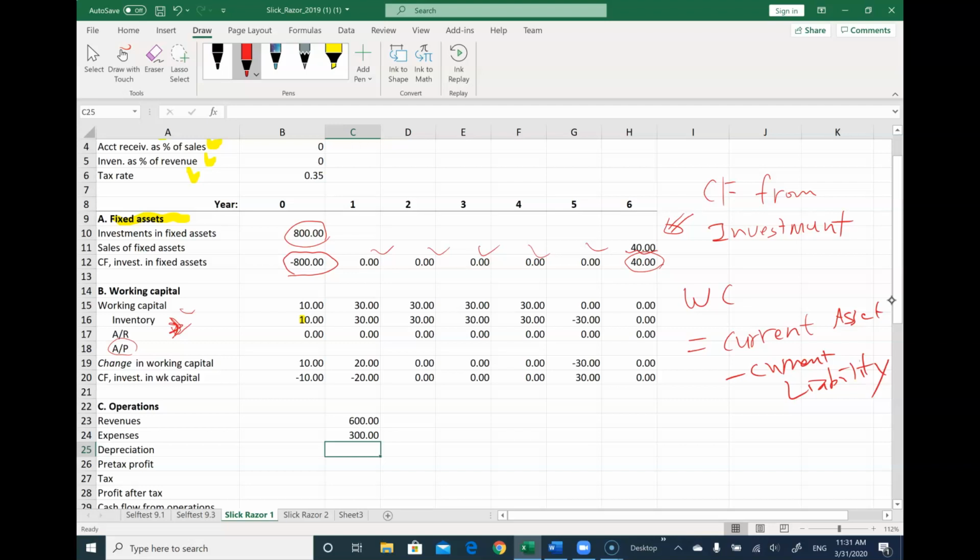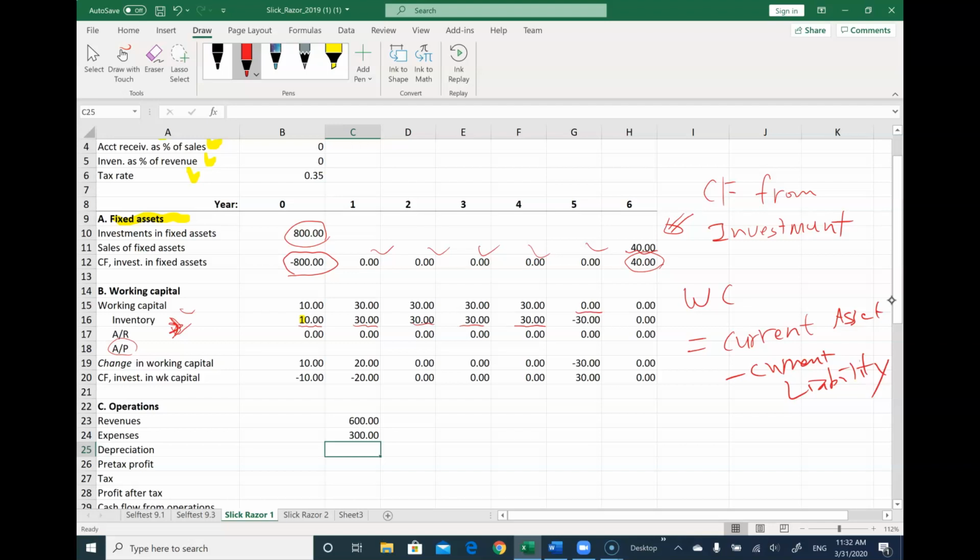So we know that from the question, the inventory in year 0 is $10 million. It goes up to $30 million in year 1 and stays at that level till year 4, and in year 5, working capital goes down to 0, right?